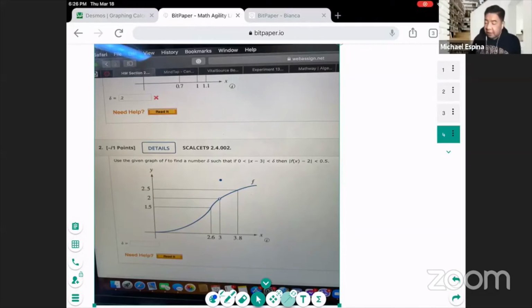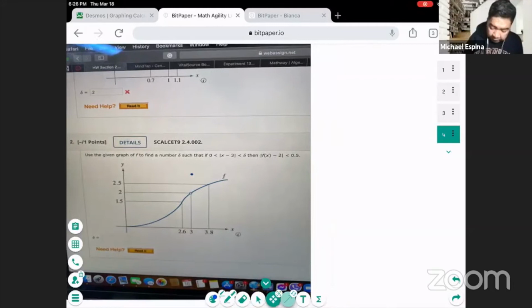This is actually the precise definition of a limit. Let me pull out the exact definition and show it to you here.